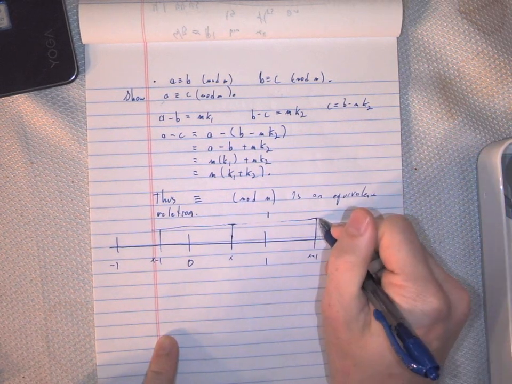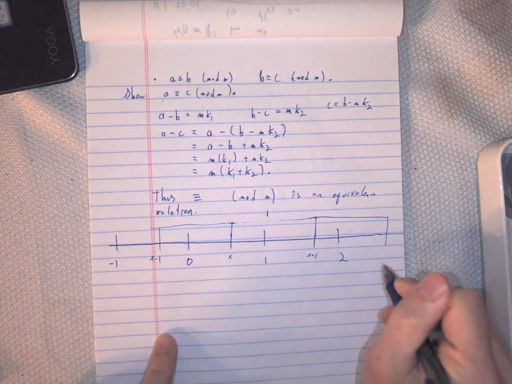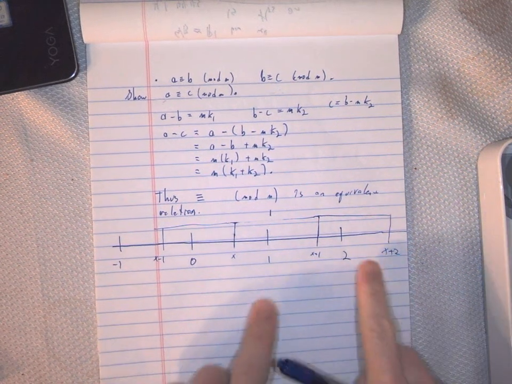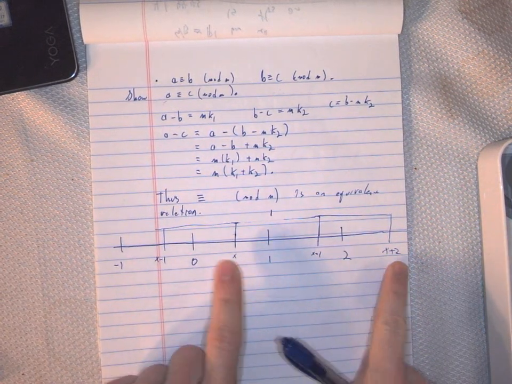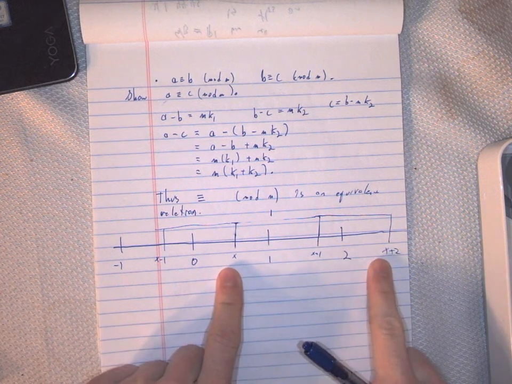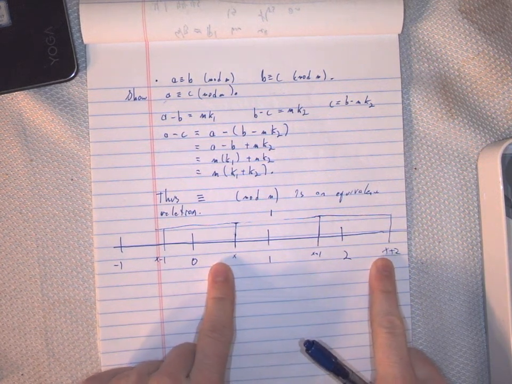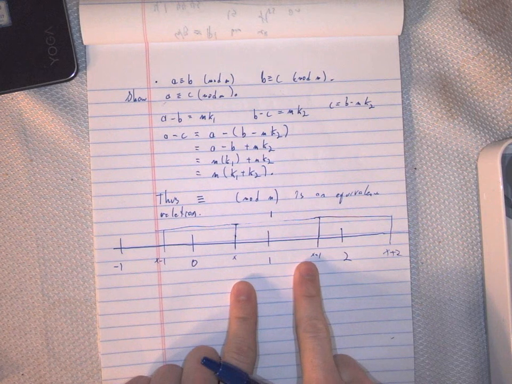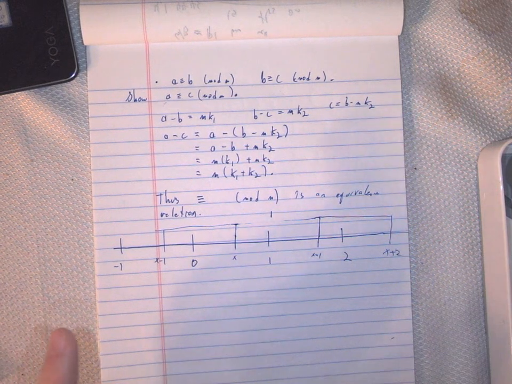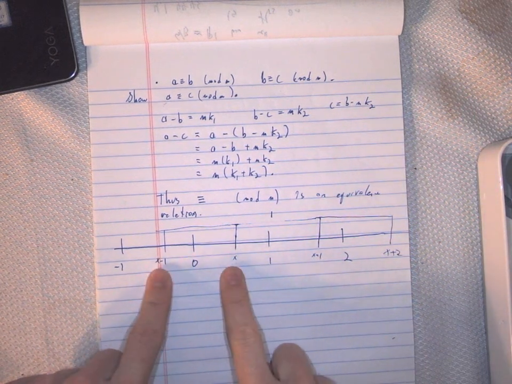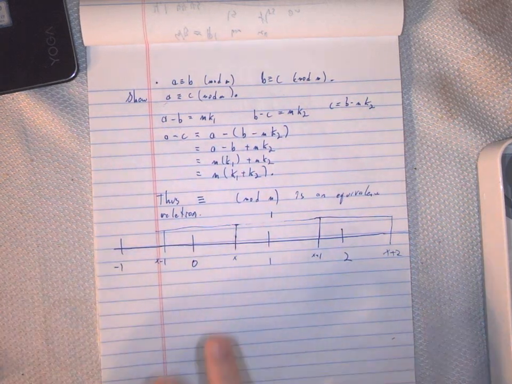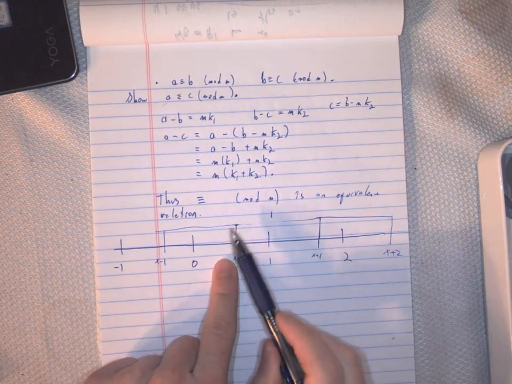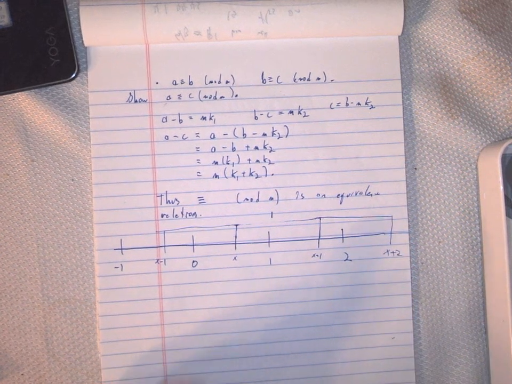And you can imagine x plus 2 and so on and so forth. These are going to be all the things that are equivalent to x. And this is very easy to see when I write it out this way, right? x plus 2 minus x is exactly equal to 2. x plus 1 minus x is exactly equal to 1. x minus 1 minus x is exactly equal to negative 1. So it's the set of all things that are some integer distance away from x.